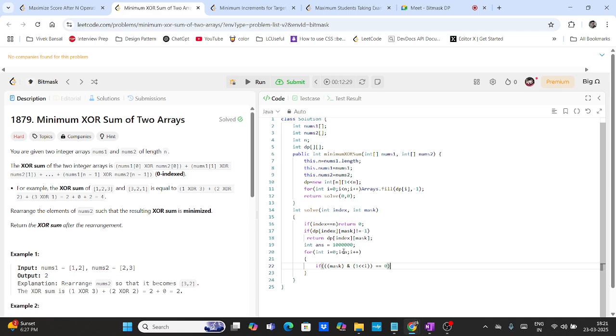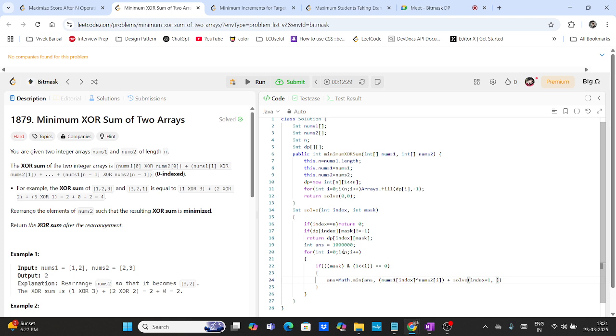Equals to 0 means that it is not set. So answer equals the minimum, and how much score I will get: nums1 of index XOR nums2 of I, correct, plus solve of index plus 1.